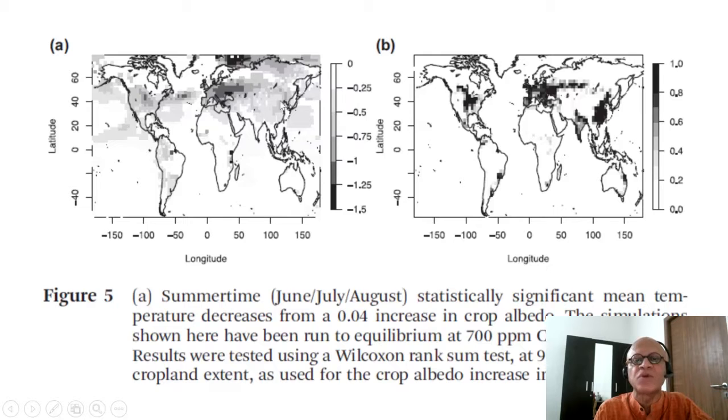There are places where it's cooled pretty significantly, including at places where there is not much crop area, because here you're looking at the crop area that's used to modify the crop albedo. So you can see that even in regions where there is not much crop area, you get changes in temperature because of modified albedo over crop areas.